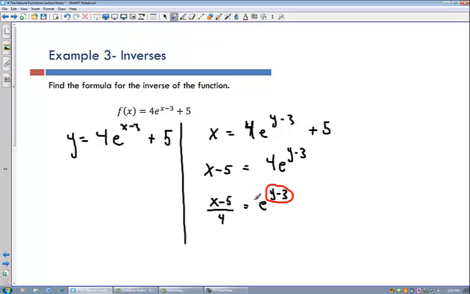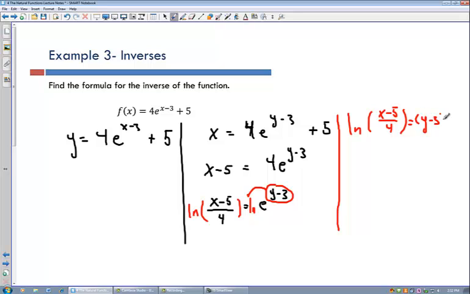And I remember, oh yeah, if I ln both sides, I can bring this down in front. So this is going to be ln of x minus 5 divided by 4, in parentheses, is equal to y minus 3, so this quantity, times ln of e. And of course, the ln of e is what number?